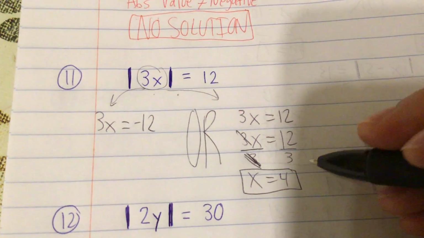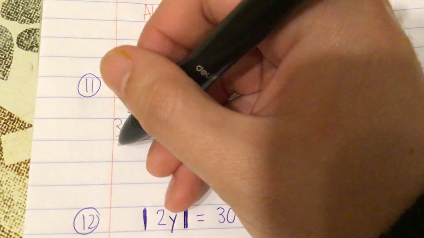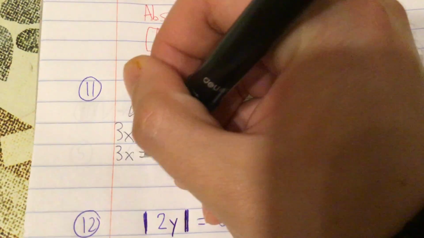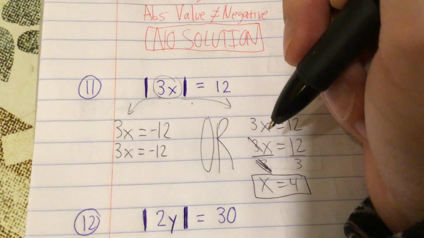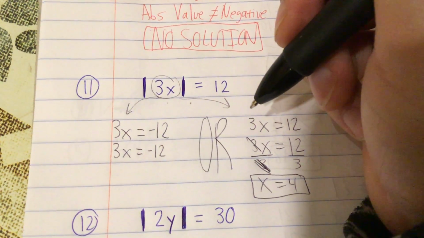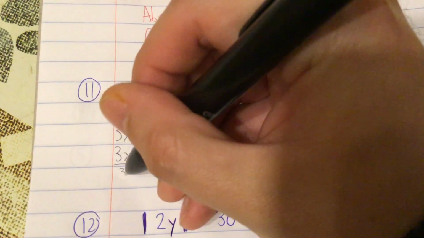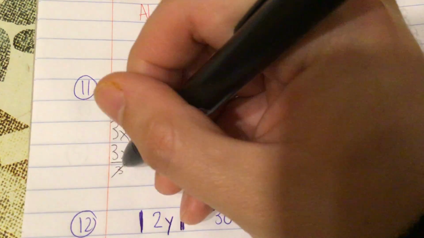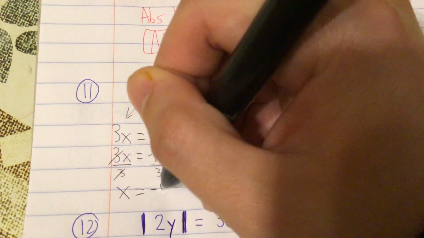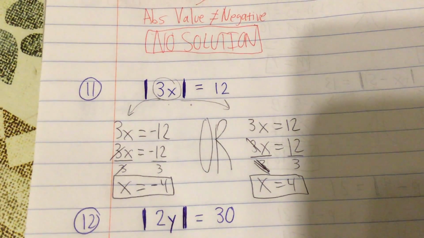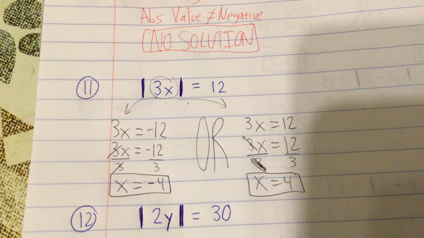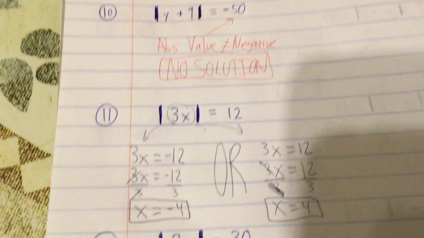You would get half credit if you did that. To get full credit, how do I undo that layer of x? I'm going to divide by 3 on both sides, getting me x equals negative 4. So x is equal to 4 or negative 4.